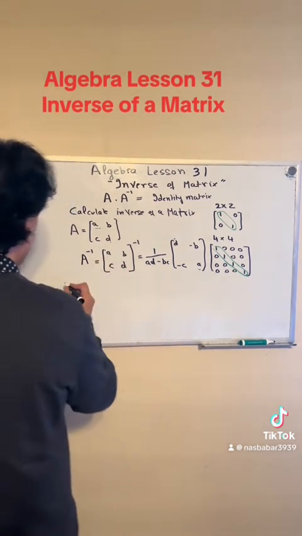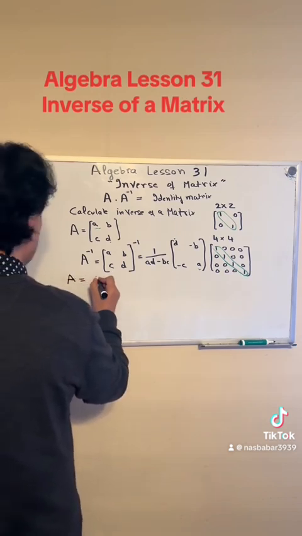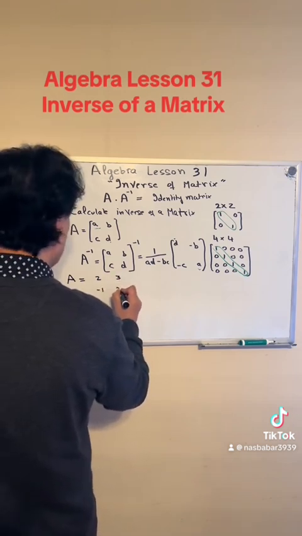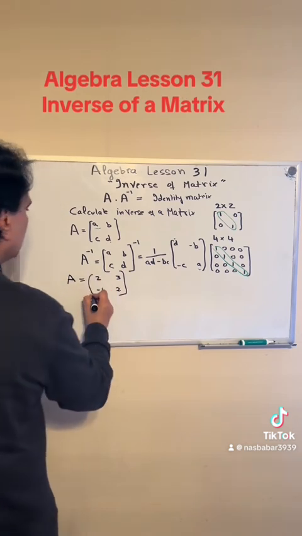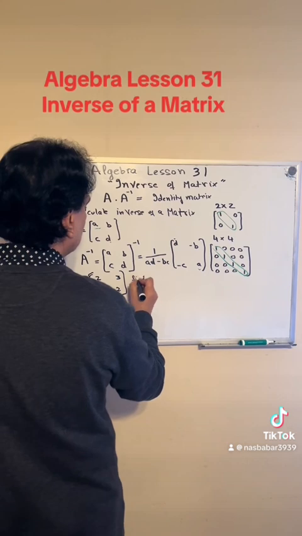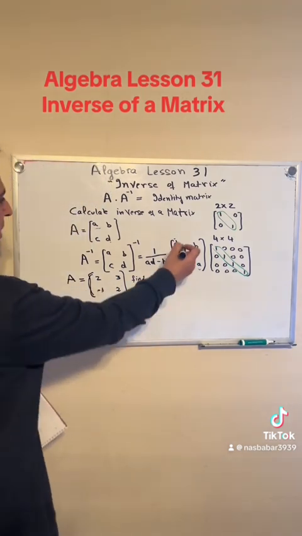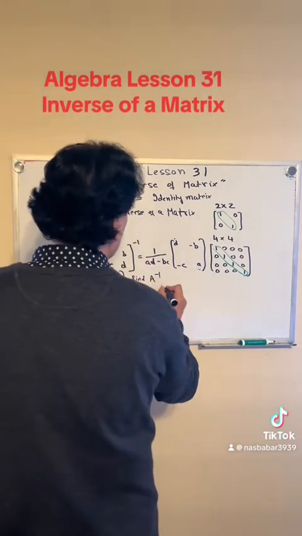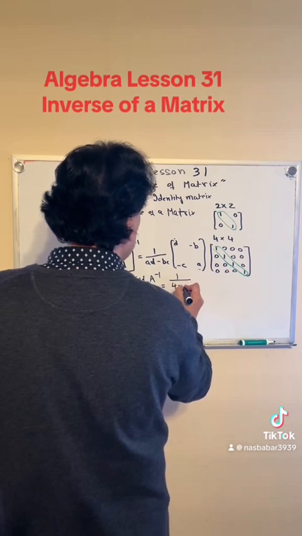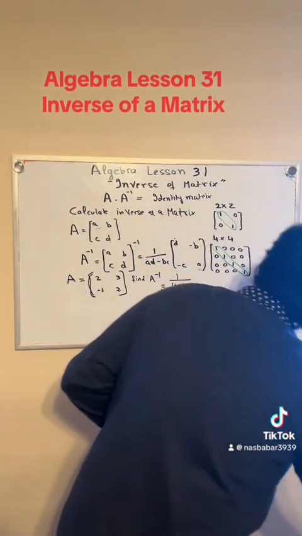For example, let's say A is equal to 2, 3, minus 1, and 2. They want you to find the inverse of this matrix. Pretty straightforward, you just use this formula. Actually, let me not skip any steps.